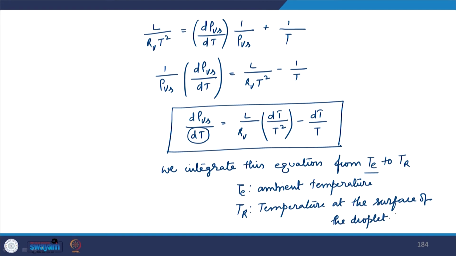So, we have a picture in which you have an ambience. Let us consider a single droplet for the case of simplicity. The temperature of the ambience is TE, the temperature at the surface of the droplet is TR. So, we are integrating from this to that, right.